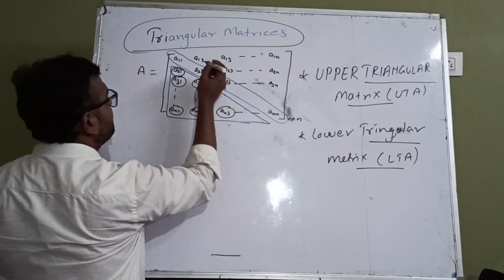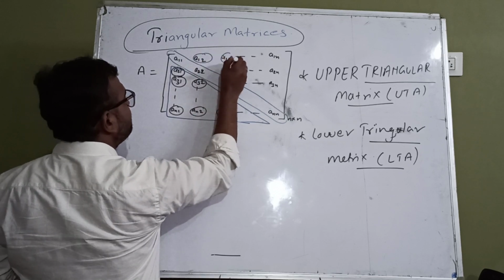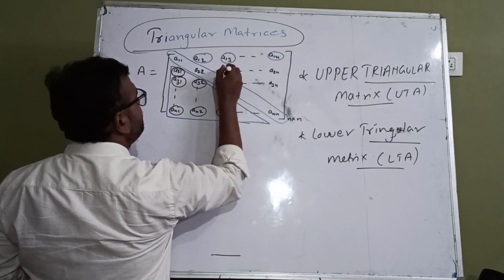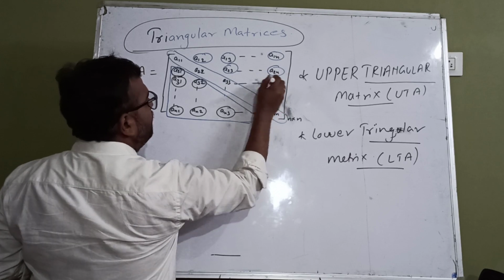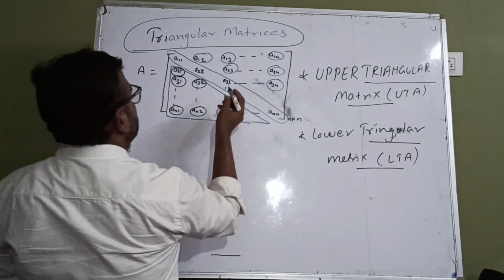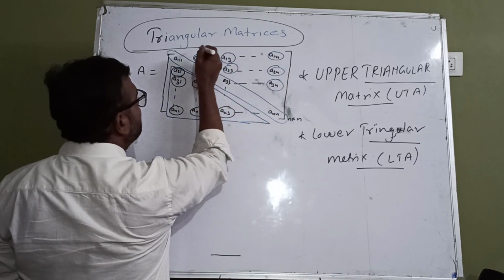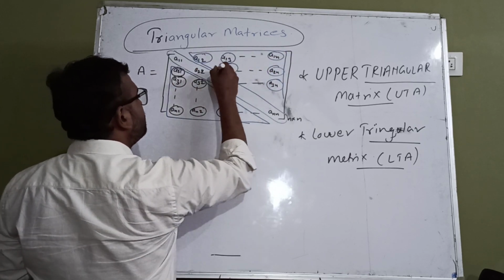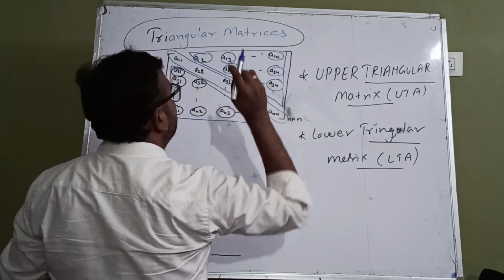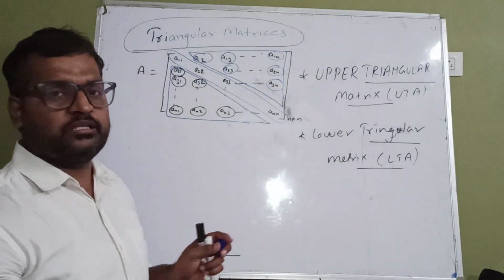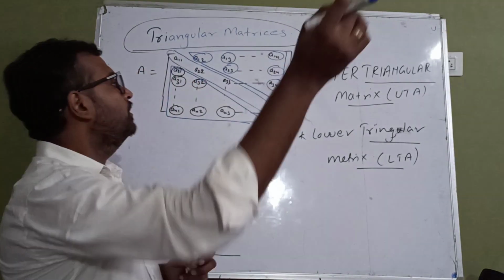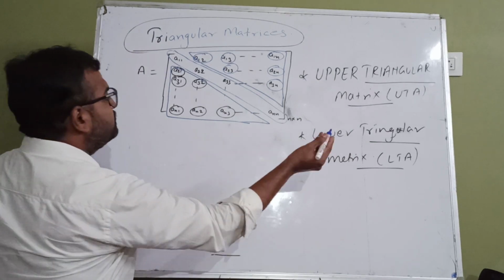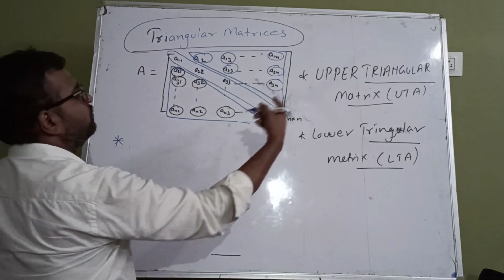These are the elements above the diagonal, and if they are 0, it is said to be a lower triangular matrix. If you combine all the elements above the diagonal elements, they also look like they are forming a triangle. Getting the point?